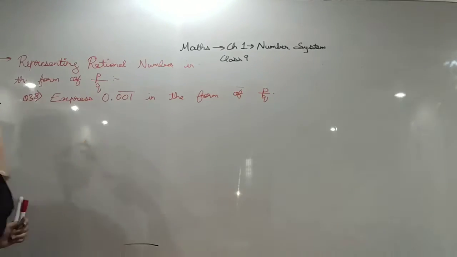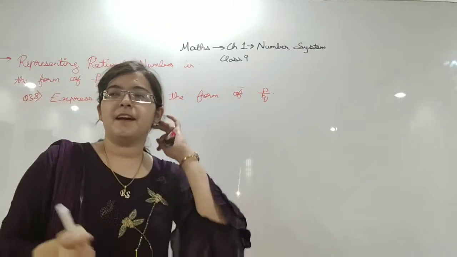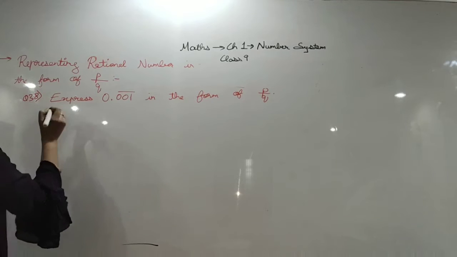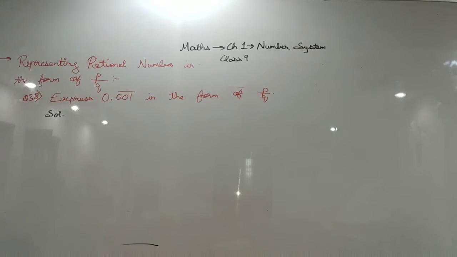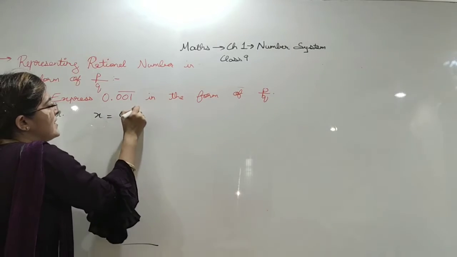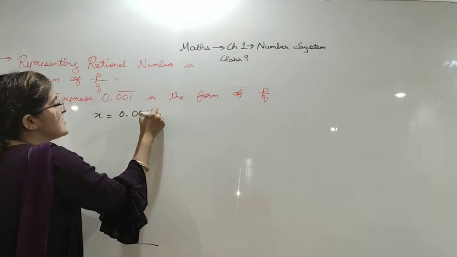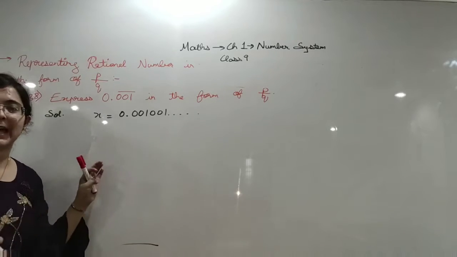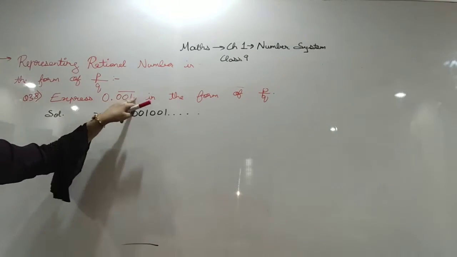Here the bar is on 3 digits. Let's start. What we will write? We will write x is equal to 0.001001 and so on.